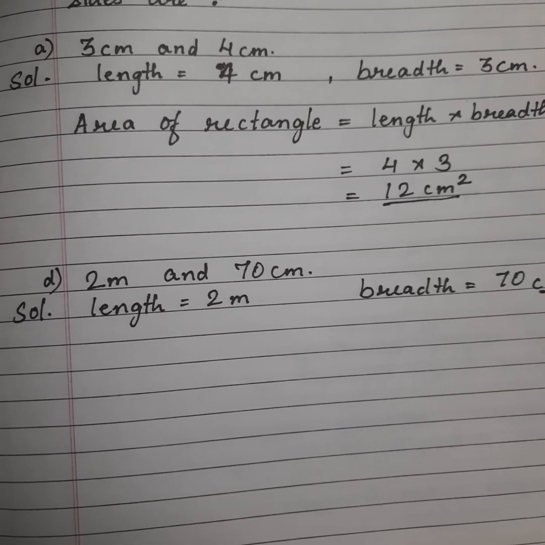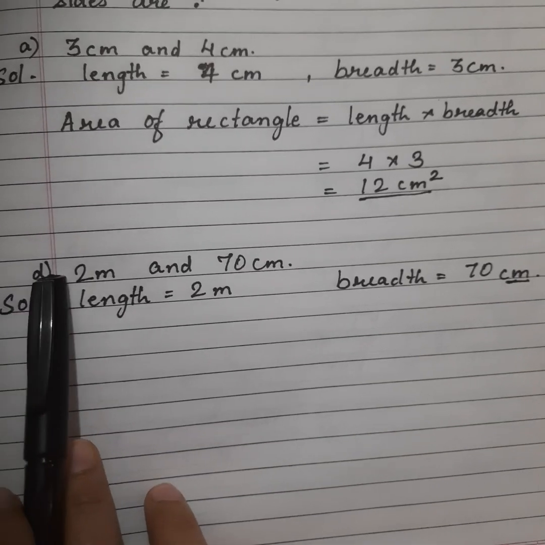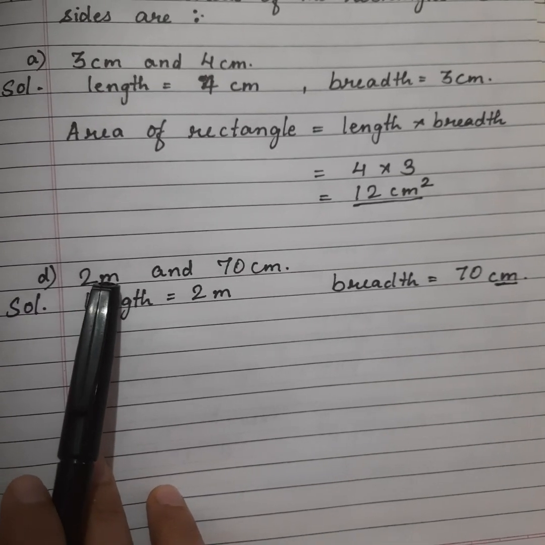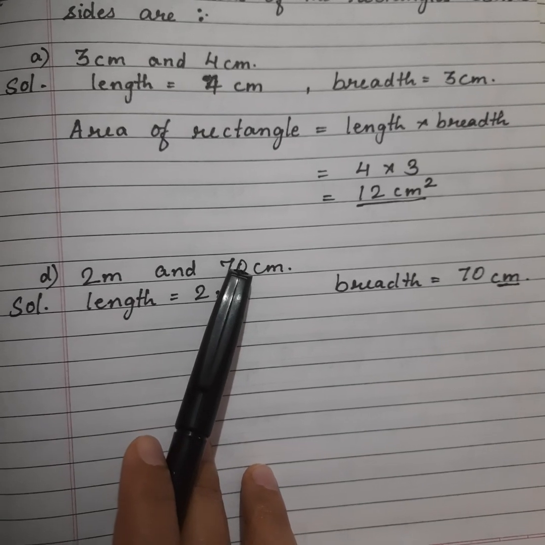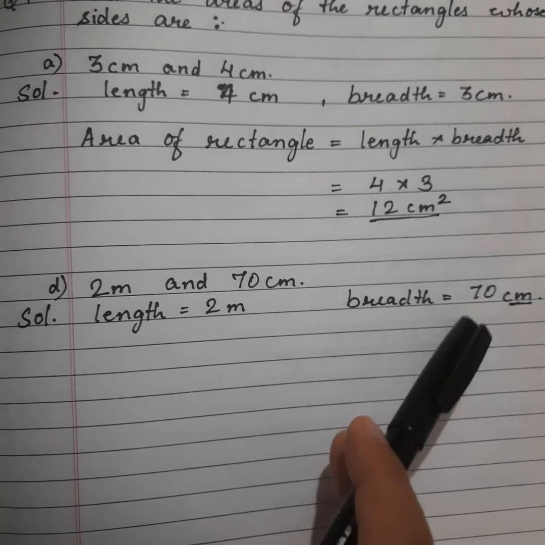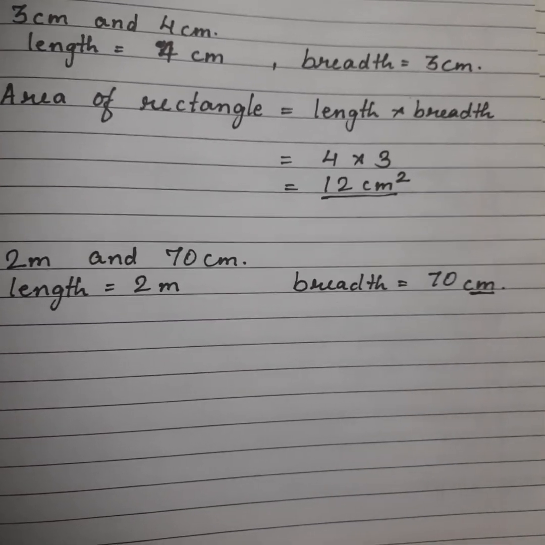D is 2 meter and 70 centimeter. 2 meter is the length, of course, because it is greater than your 70 centimeter. So length is 2 meter, breadth is 70 centimeter. So centimeter can be converted to meter.